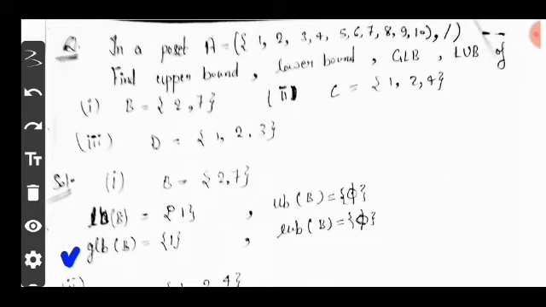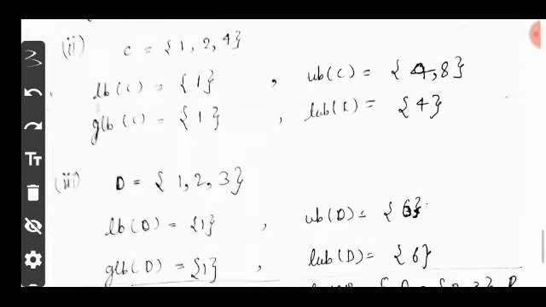Now GLB, the greatest lower bound of B, is 1 because the lower bound is already 1, and the least upper bound of B is 5 because the upper bound of B is 5. Now come to the second, C equal to 1, 2, 4. The lower bound is 1 and the upper bound is 4 and 8 because 2 and 4 are divisible by 4 and 8.